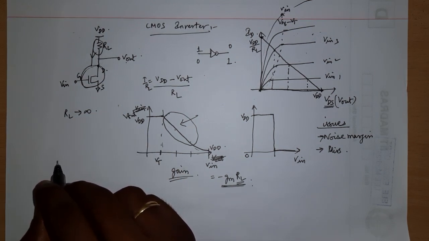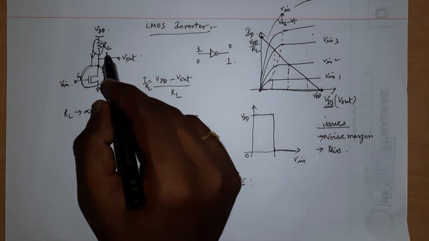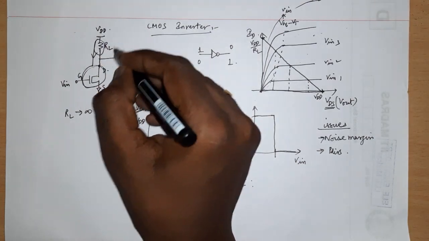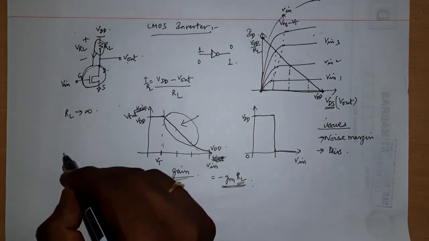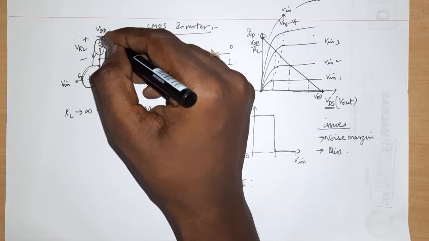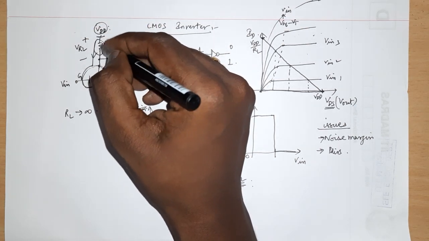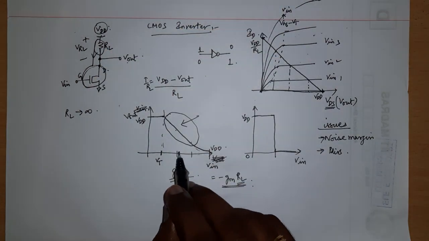But can I do that? Can I have a very large RL? It turns out that I cannot have a very large RL, because if I have a very large RL, this voltage drop VRL will also increase. Okay, if I have a large drop here, what happens is that my VDD is fixed. So I will drop all the VDD at the resistor only, and nothing will come out at the output voltage.